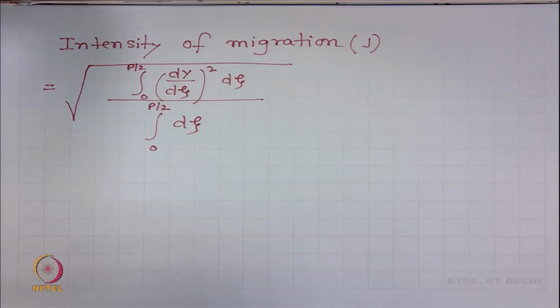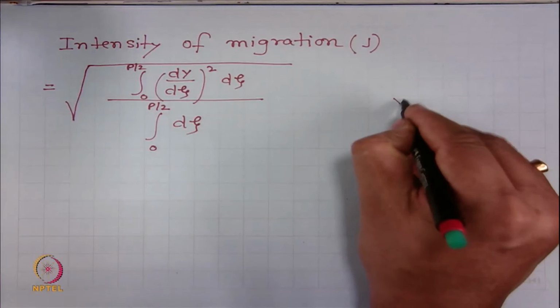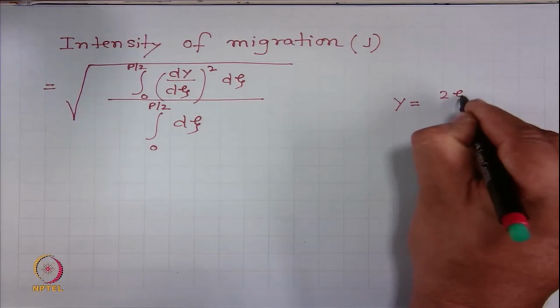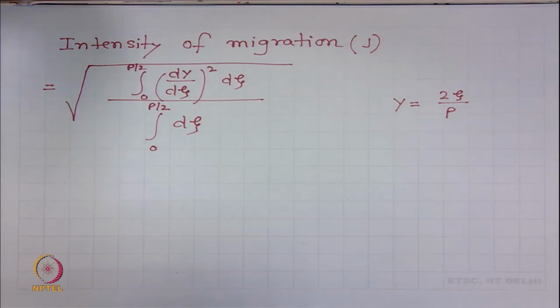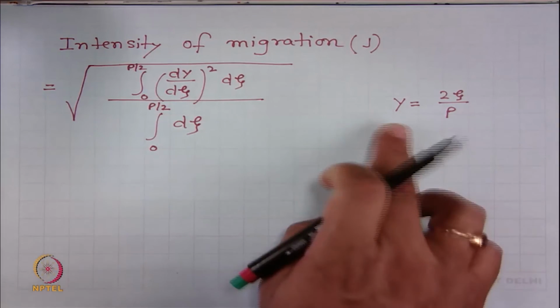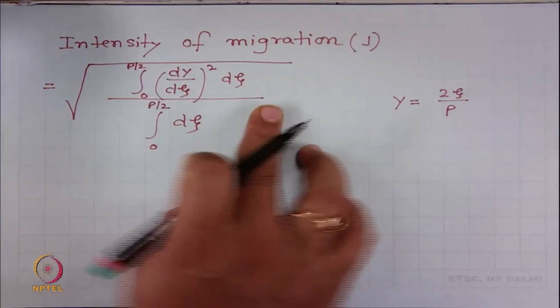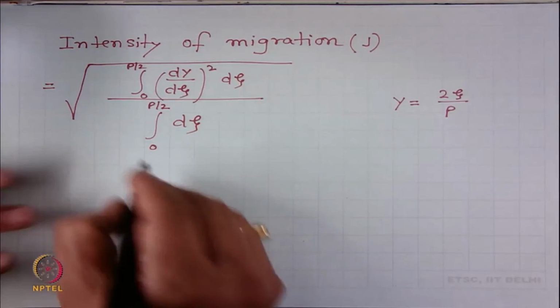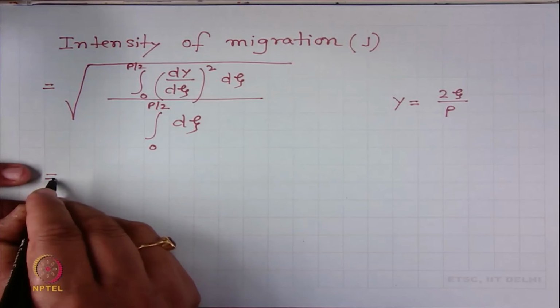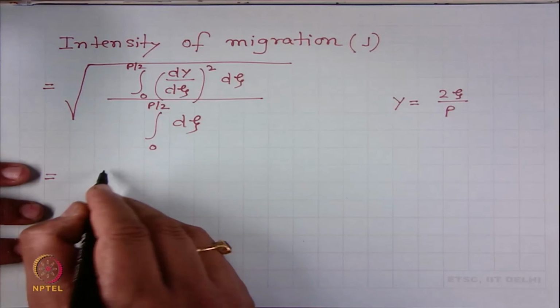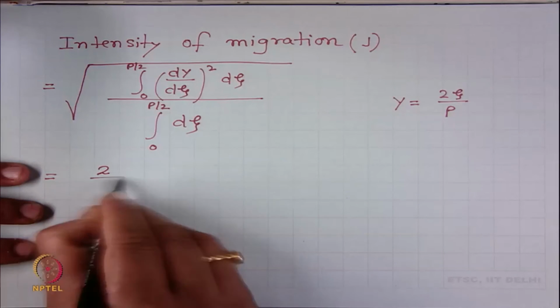So, this is how we define intensity of migration. What was y? y was 2 zeta by p, right. So, if you take the first derivative, substitute, and solve this integration, you will get this value as 2 by p.